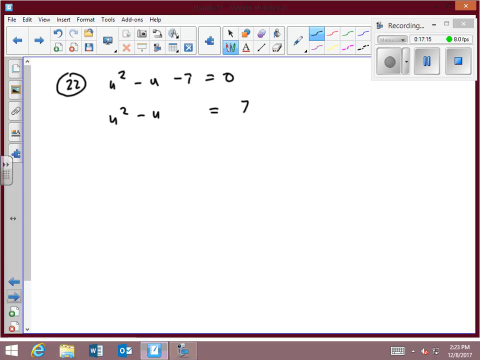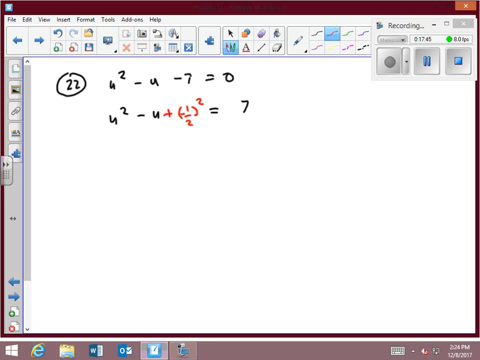Then the next step is what? Add half the middle term squared. So what's half of the middle term? With the sign. Minus 1 is the middle term, so half of it, negative 1/2. Right? It's a negative 1/2.